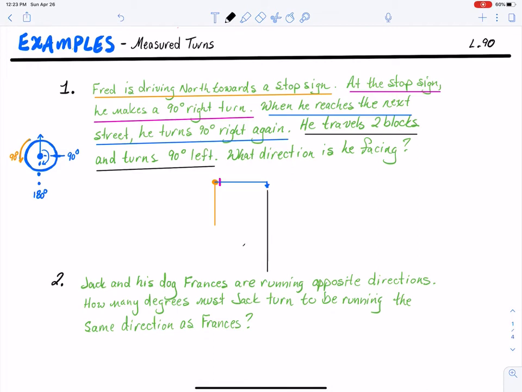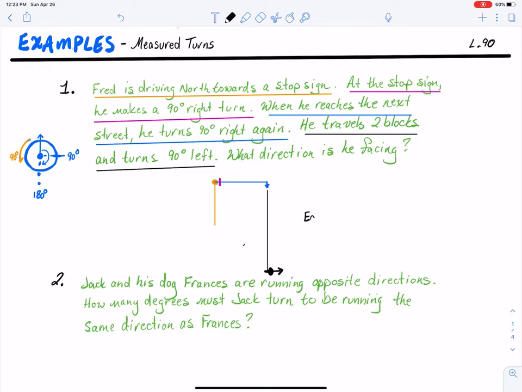Now be a little careful on this part. Remember, he's facing down, so he's facing to the south. That means his left is right over here. You have to be careful not to use your left and right. You have to use what Fred's would be based upon the direction he's facing. So he's actually going to end up facing to the east.